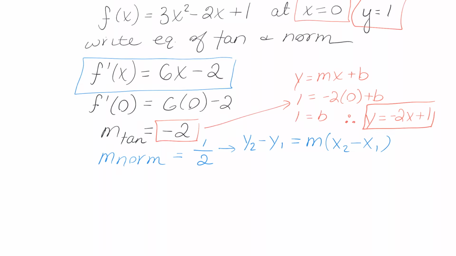If you do that, then you're going to have 1 minus y equals m, which is a half, times x, which is 0, minus x. And you leave the x and the y in there because we want them in our final equation. But the beauty of this one is it doesn't have a b to mess with.